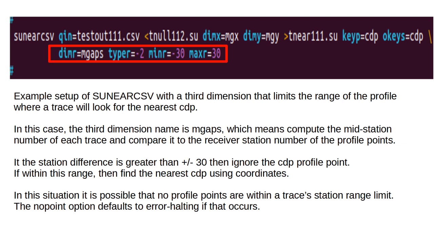For each trace, the midpoint station number is computed, and only sections of the profile within 30 stations will be considered for finding the nearest CDP. Of course, for this to work, the profile file must contain at least an approximate station number. Profiles generated from standard SPS2R files or SPS2S files should have usable station numbers.